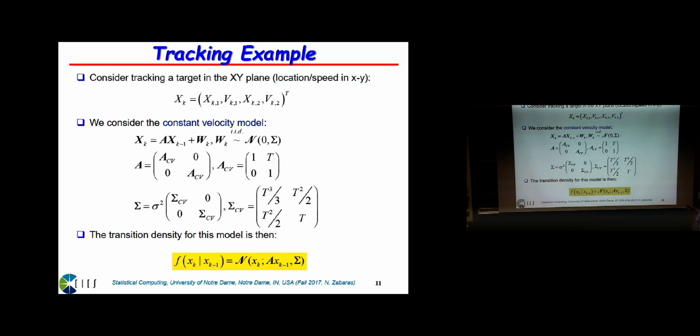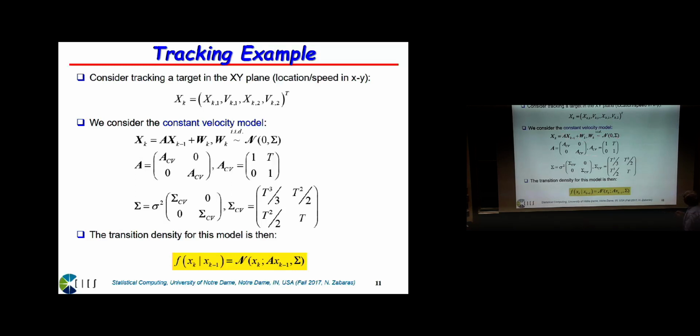Vk1, Vk2 are the x and y velocity components at time k. So you can write an equation of motion, and this is what is called the constant velocity model that looks basically like this equation. Okay? So Xk is A times Xk minus 1 plus some noise that is given by that.